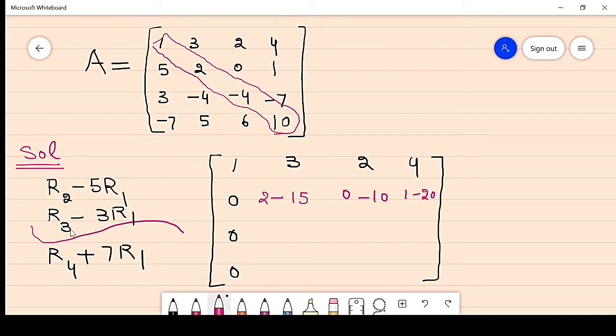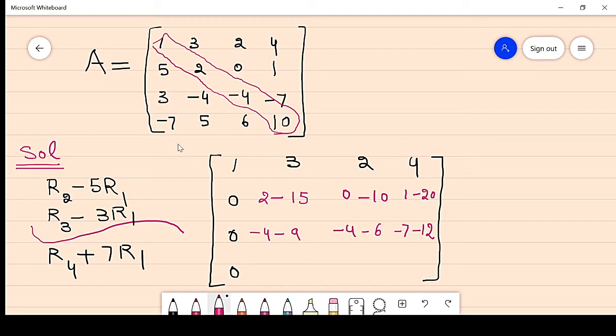Similarly, the third row, R3 minus 3 R1: minus 4 minus 9, minus 4 minus 6 because it is multiplied by minus 3, so minus 7 and minus 12.